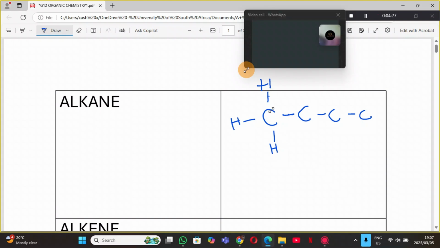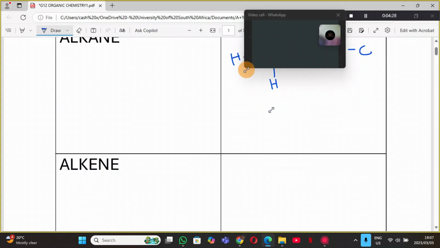So now the difference between an alkane and an alkene is the fact that an alkene now has a double bond. Alright? So since we have double bonds here, remember, a carbon forms how many bonds? 4 bonds. So here it has formed how many? 2, meaning it's remaining with 2 bonds to form, right?